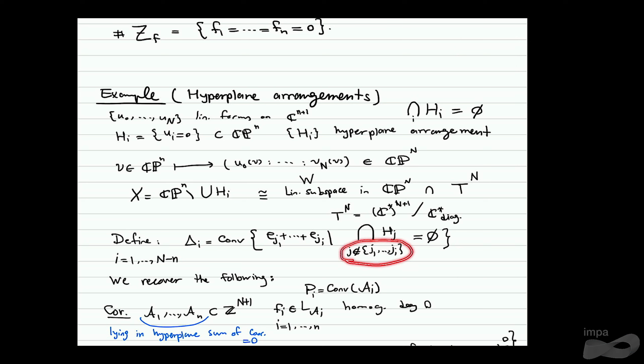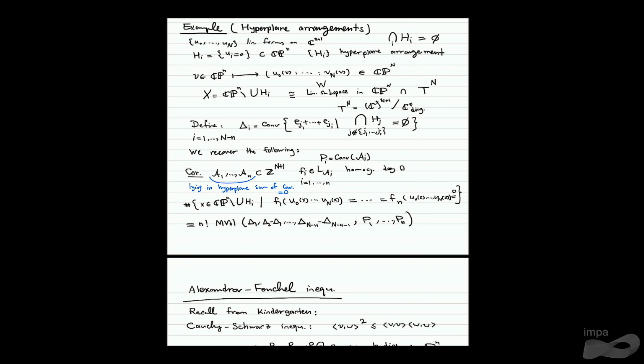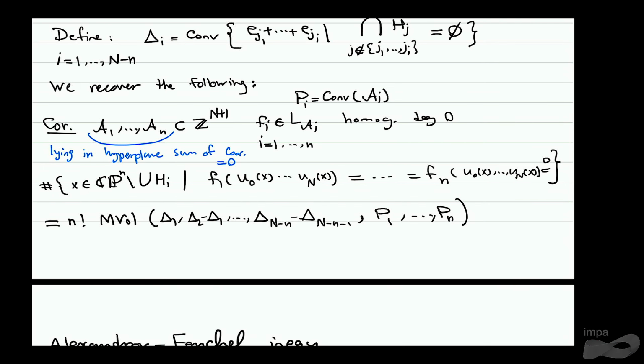It's a very usual thing to do. Any questions? So these are Laurent polynomials where instead of each variable, I have a fixed linear form of other variables which I call x. The coefficients of the fi's are generic, but my linear forms u0 to un are fixed. They are not generic.